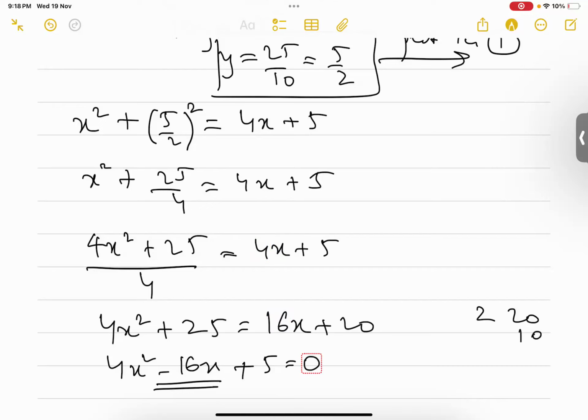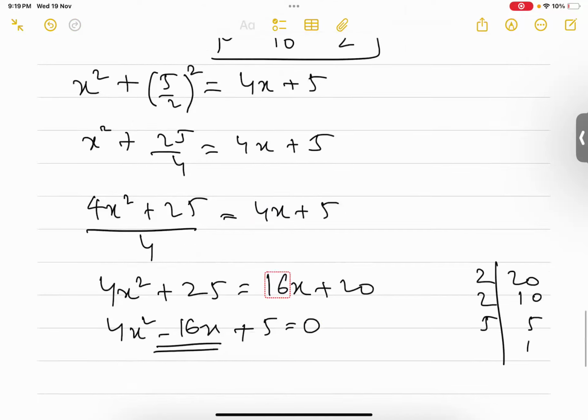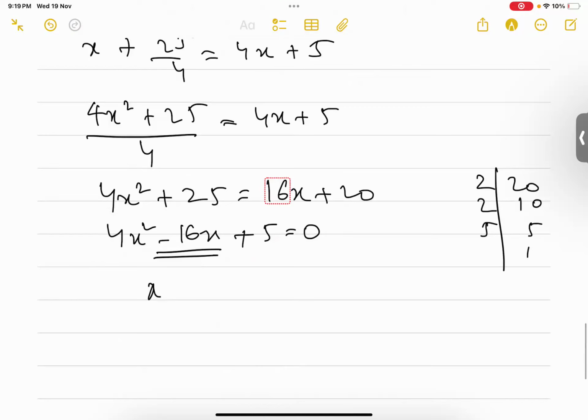So 2 and 10, 2 and 5, we cannot really factorize this. So what we'll do is we'll apply the formula method, which we studied in quadratic equations, and you'll get two different values of x, because it is plus or minus in between.